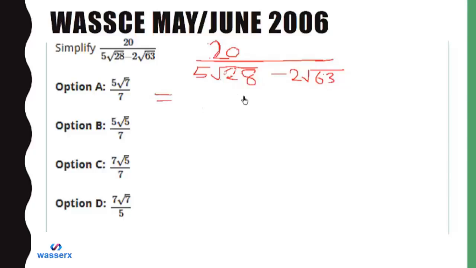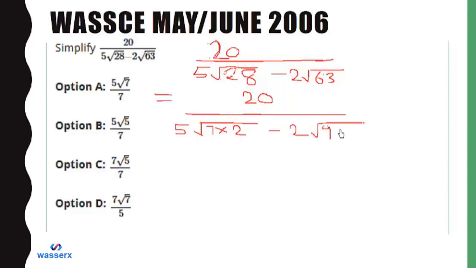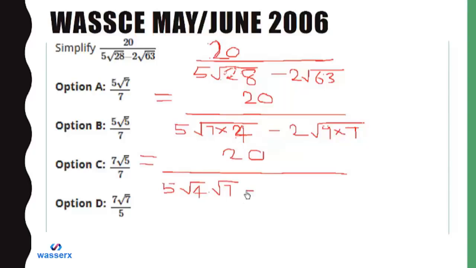They are reducible surds, so we are going to get 20 all over 5 root of 7 times 4, minus 2 root of 9 times 7. Then this will give us 20 all over 5 times root 4 root 7, then minus 2 root 9 root 7.